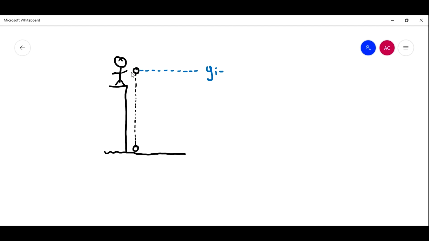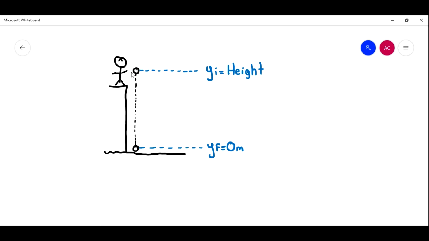This is the height, and this is where the motion ends, the final position. And the final position is the height of the ground. That's the ground level, so it will be 0 meters.